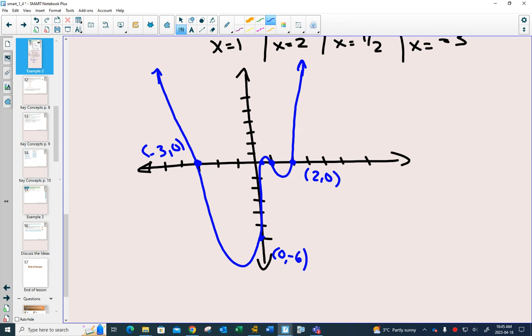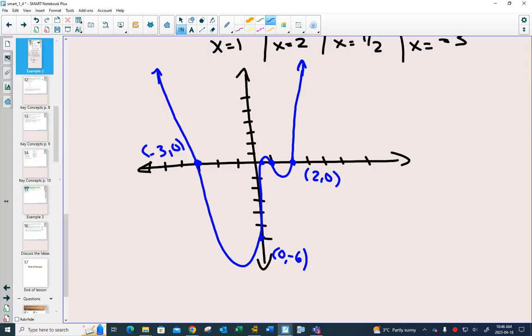Because if I want to draw it smooth, I think that minimum probably has to go way lower than that. 0, -6, sort of in between here. I'm thinking, well, the minimum's got to be somewhere in between those points. It's not perfectly in between, but it's close. Draw a smooth curve, no sharp lines. This is a fairly accurate graph of the equation.